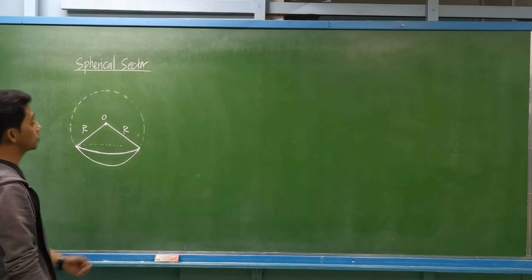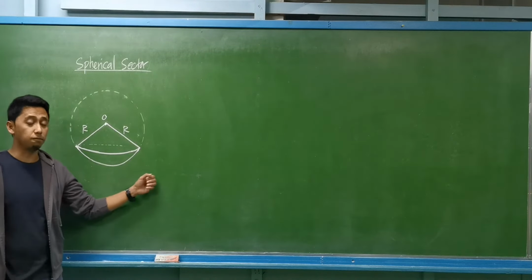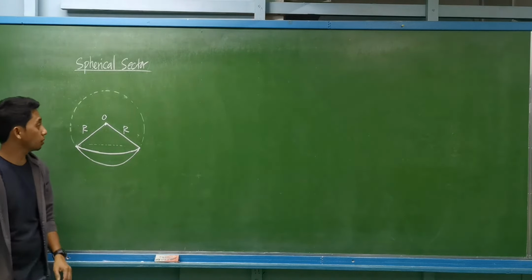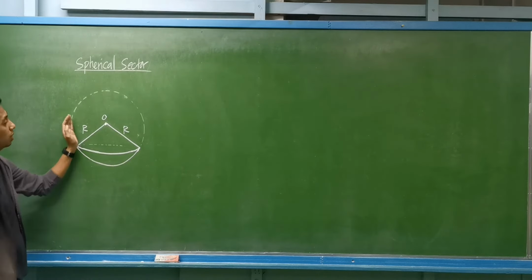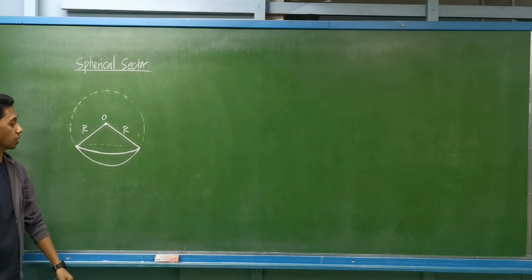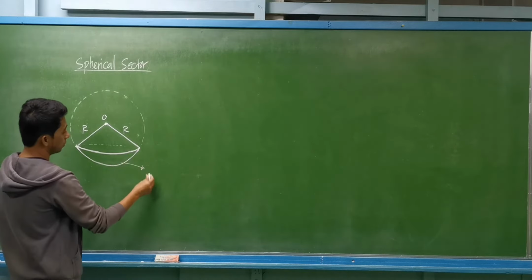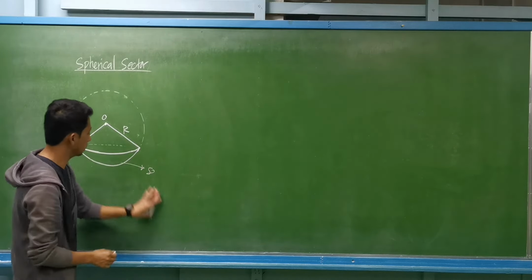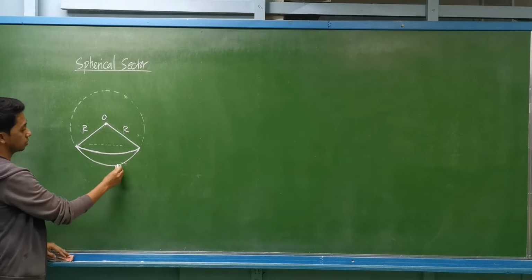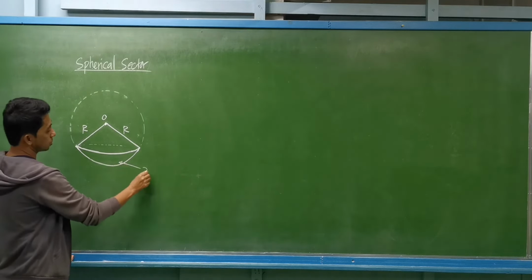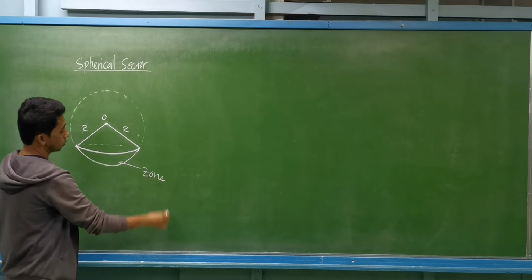Okay, next, let us discuss the shapes formed from a sphere. For example, originally this is a sphere. Then if we are to remove this portion, the remaining will be a spherical segment. This portion is called the segment, but this surface is called the zone.